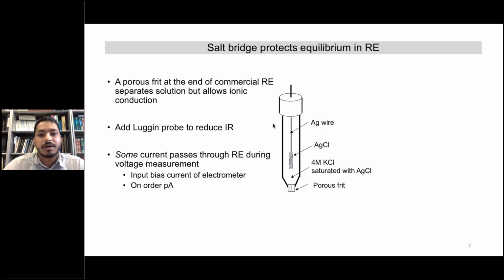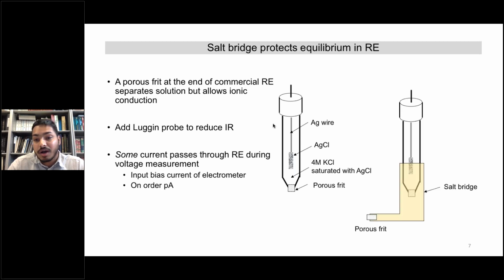So that helps protect the equilibrium in the reference electrode. And if you are worried about the IR drop in the solution, or if you need better sensing properties in the reference electrode, you can use something called a Luggin probe, which can act as a salt bridge. So yeah, this is a short summary of reference electrodes.